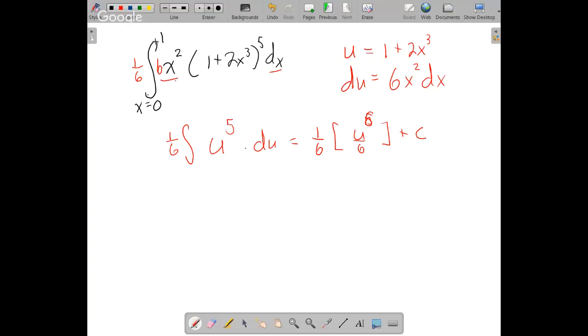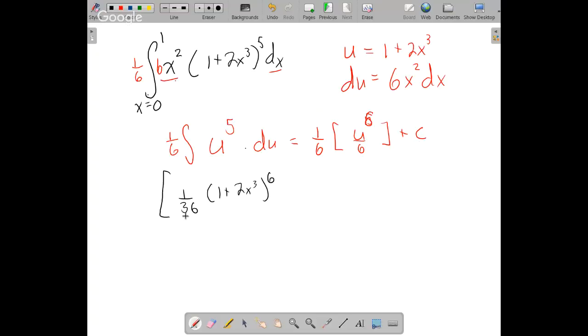So for my antiderivative, I get 1/36th when I clean this up a little bit. U is really (1 plus 2x cubed) to the power 6, plus c. Now, next step, I have to deal with the boundaries.